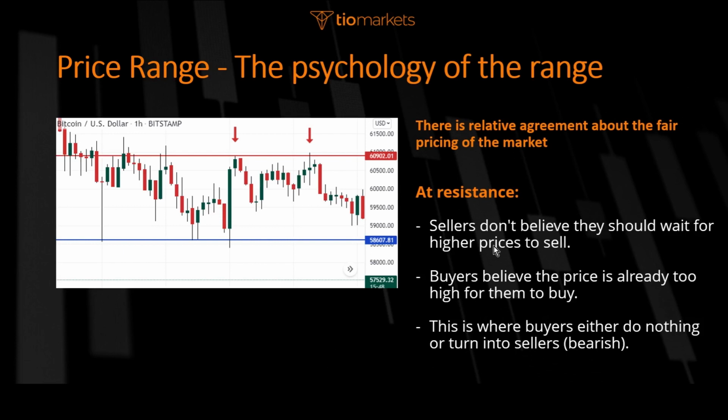Sellers don't believe they should wait for any higher prices, and they start entering short trades or selling off the holdings they had. At the same time, the buyers believe that the price is already too high for them to buy, and this is why the buyers turn into sellers, or they just do nothing, which is bearish. So that's how the market works.